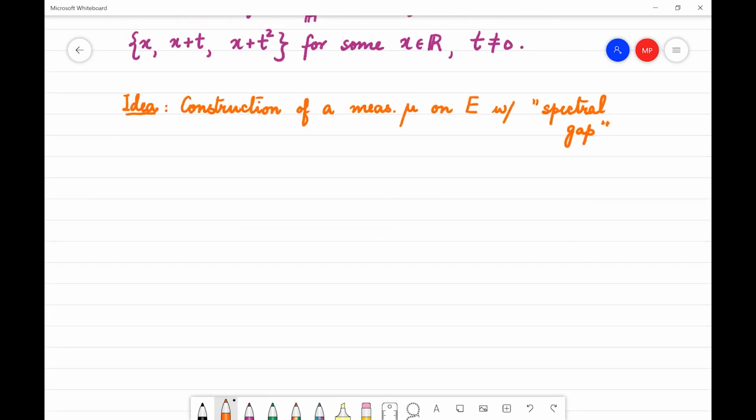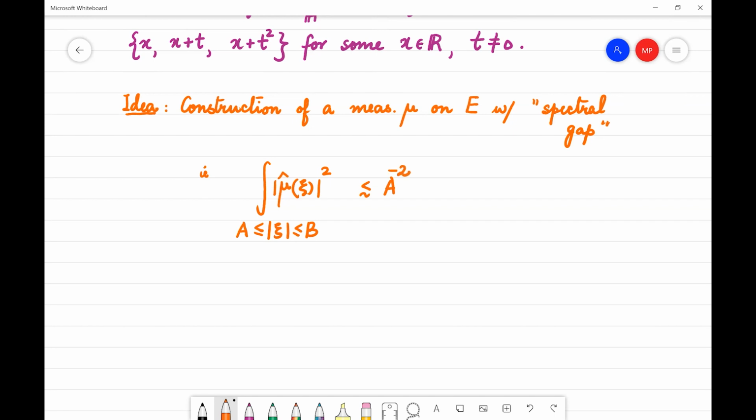So what is a spectral gap? It's one where mu hat of xi squared, in a certain interval, is really, really small.